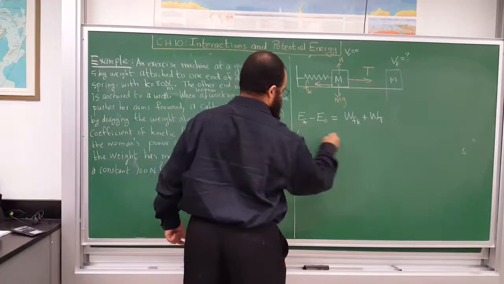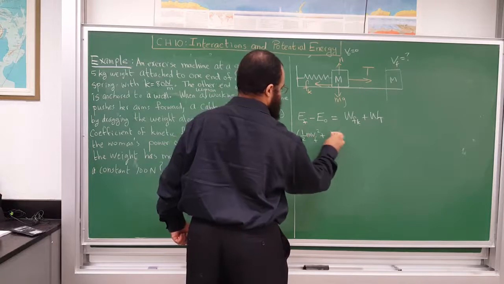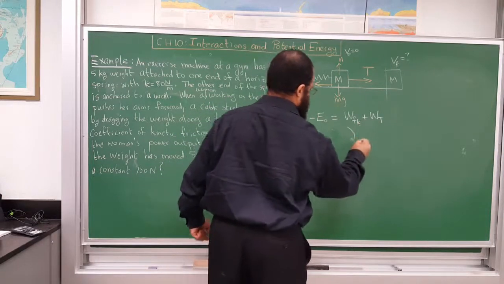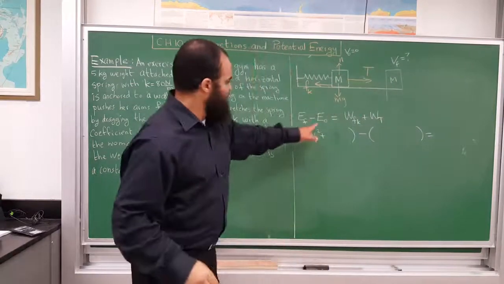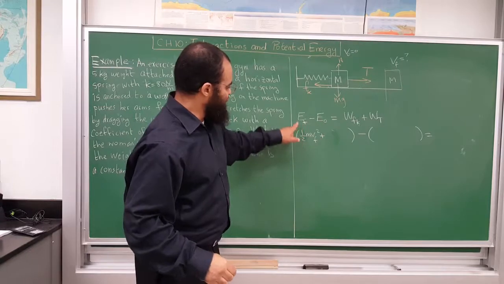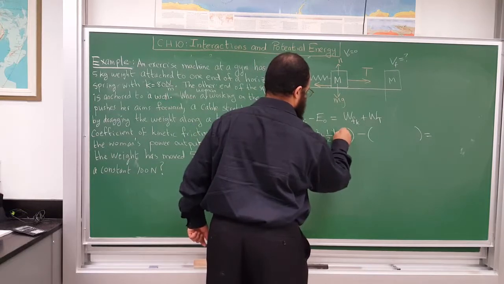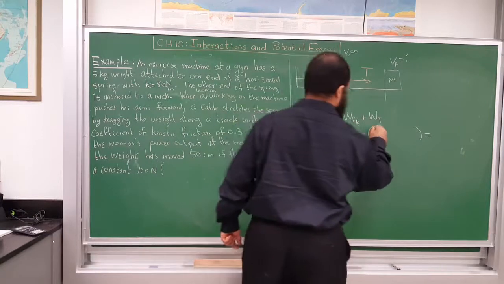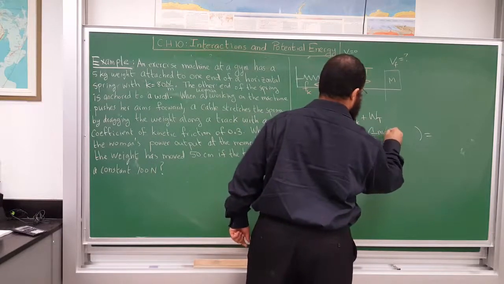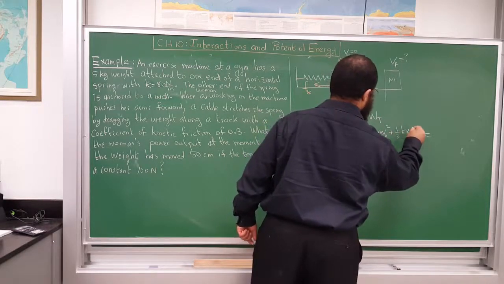The energy at the end will be the kinetic energy in the mass, 1/2 m v final squared, plus the potential energy in the spring, 1/2 k x final squared. And then minus the energy at the beginning, that's the kinetic energy in the mass, 1/2 m v initial squared, plus 1/2 k x initial squared.